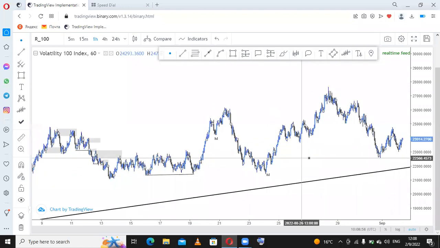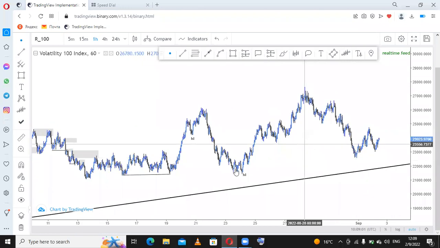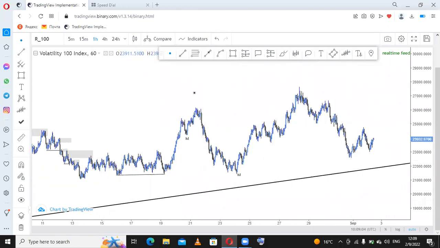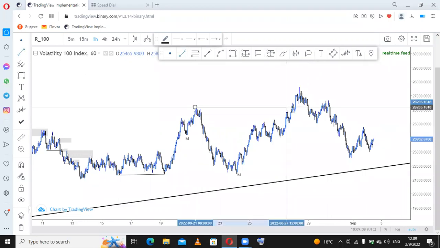Of course, we do have others like here and here and here going forward, but this one broke this external structure here, right? Which means we are bullish.